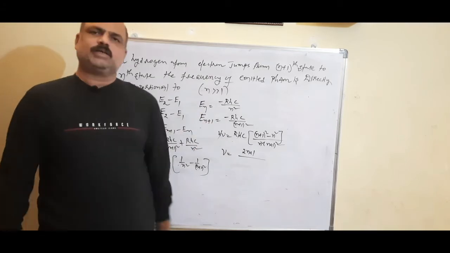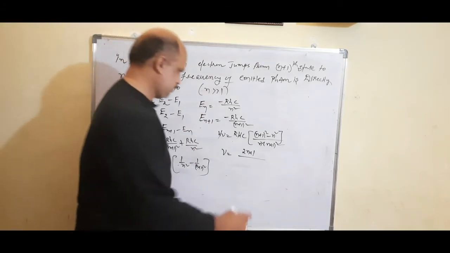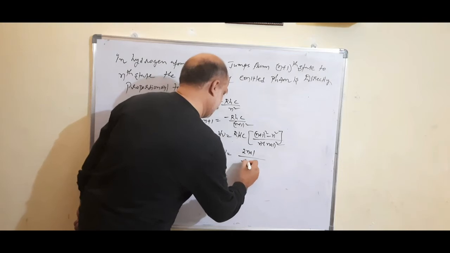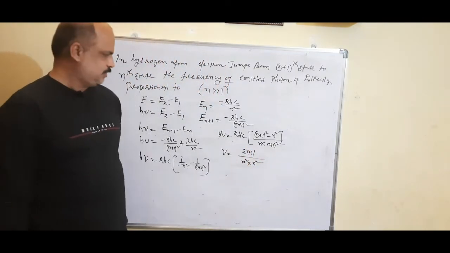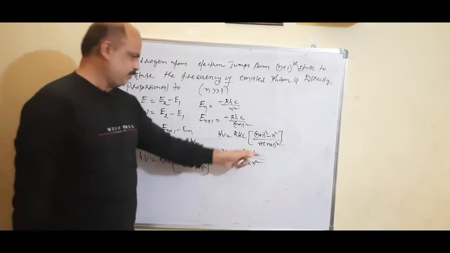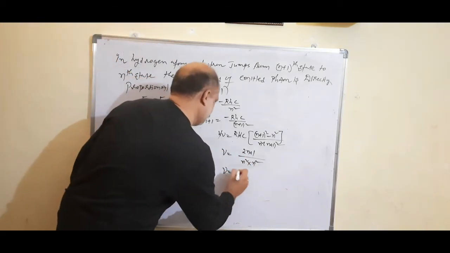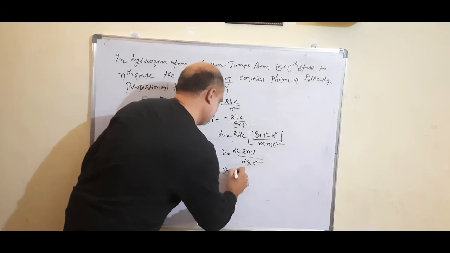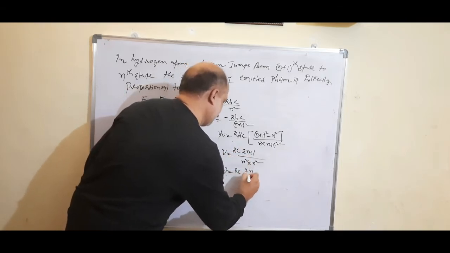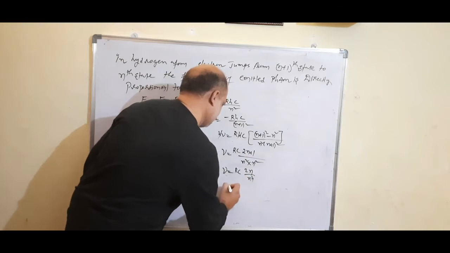That means 1 is neglected compared to n. So in the denominator it becomes n square into n square, and in the numerator also that 1 is neglected. Nu is equal to RC into 2n divided by n to the power of 4.